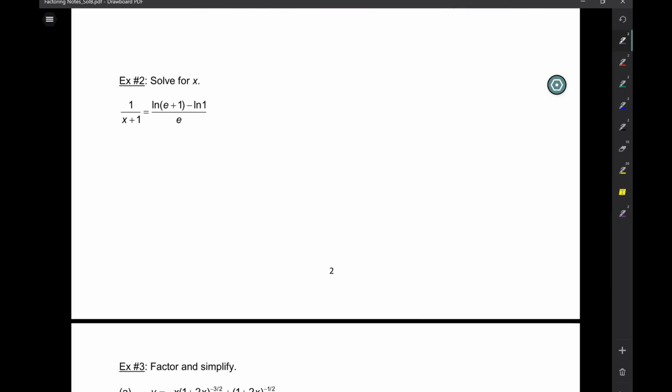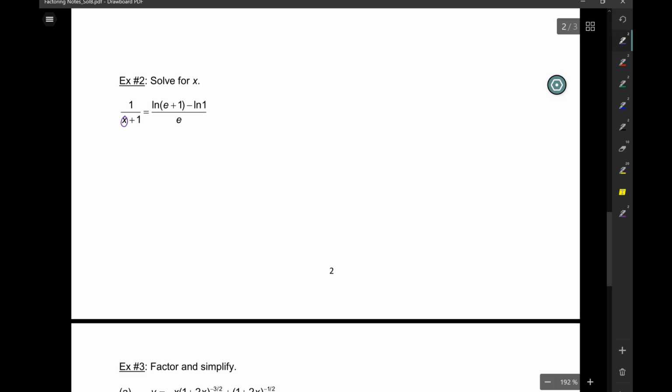All right, here we go. Here's the biggie. We need to solve for x, right? So here is x right here. And then let's see what we have on the opposite side. We have ln of e plus 1. What is that? Variable, constant, what? Is it a number or a variable?